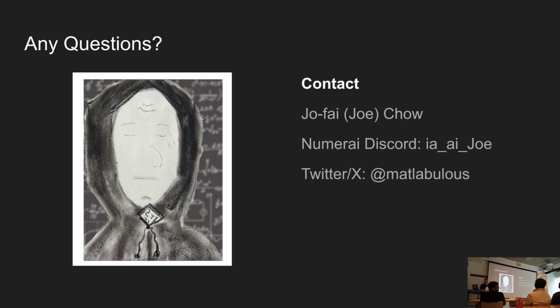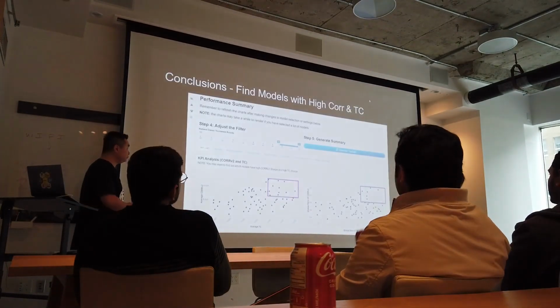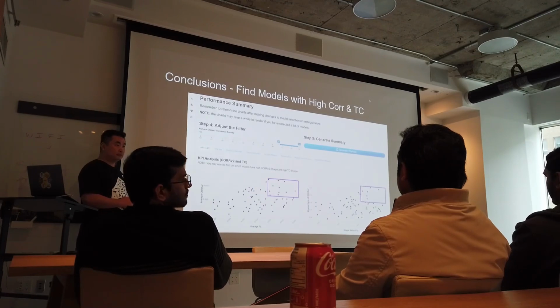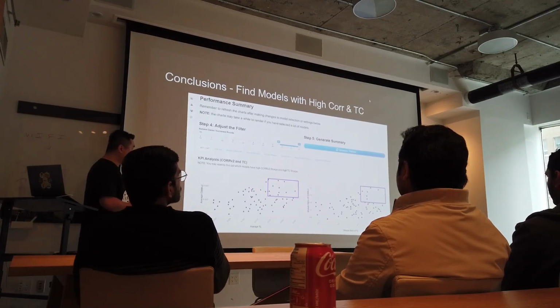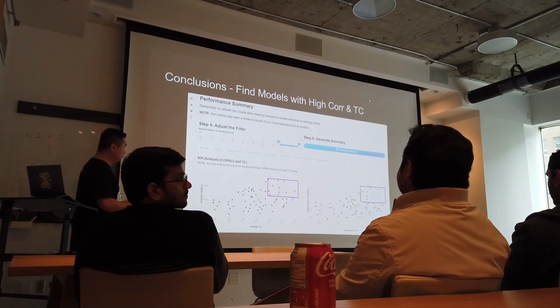Yeah, go on. I have a question about a couple slides back about the conclusions. In your graph, it's pretty clear that the best performing models are in that top right quadrant. Have you ever had any where it made more sense to only ever optimize for one metric, either TC or core?